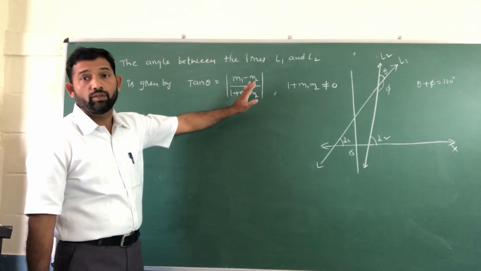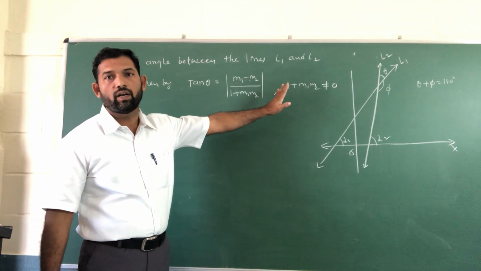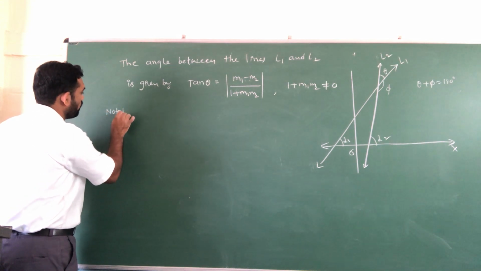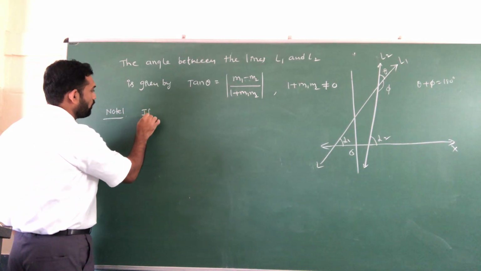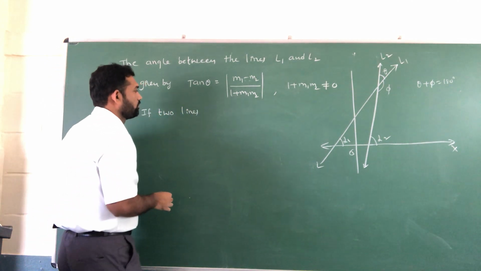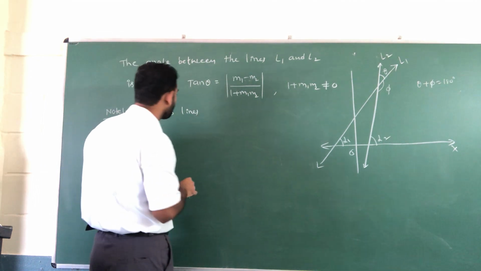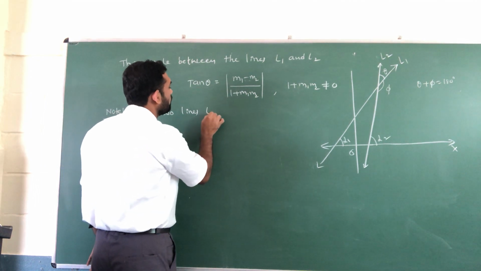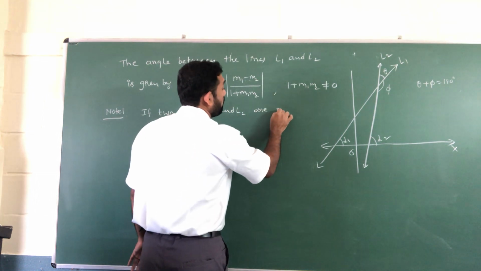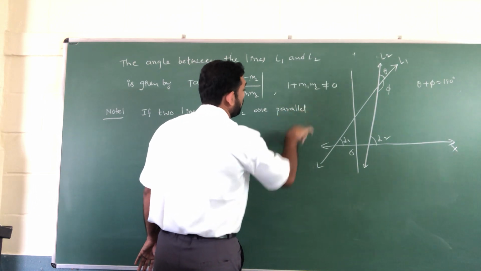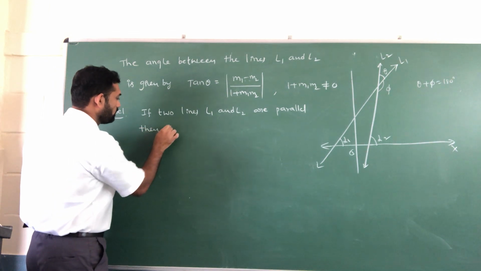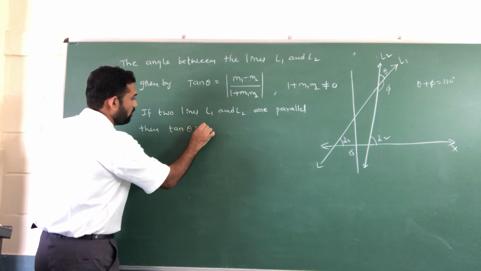So up to this you have to write the proof. Next, some points are there. Note points: if two lines L1 and L2 are parallel, then tan theta is equal to 0.